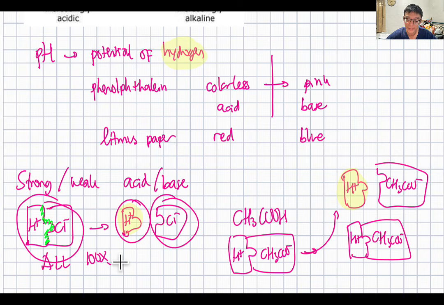Hydrochloric acid is able to release all of its hydrogen atoms, while for acetic acid only partially can be released in the solution.